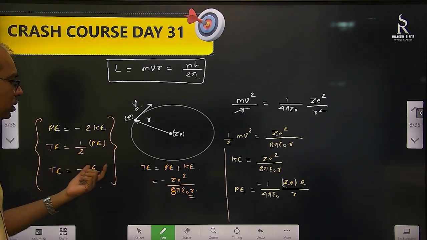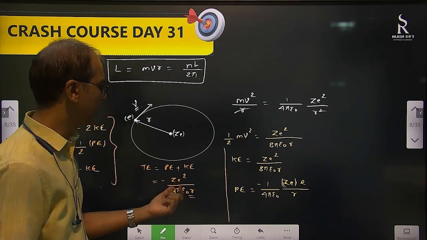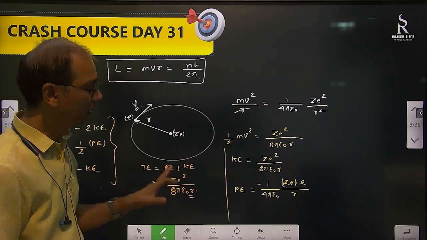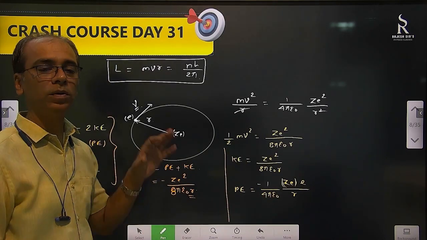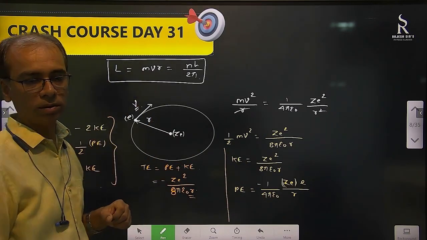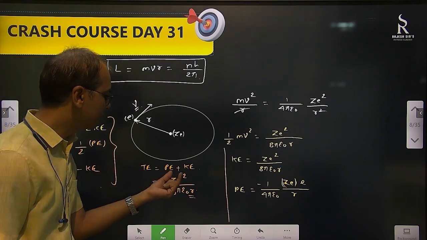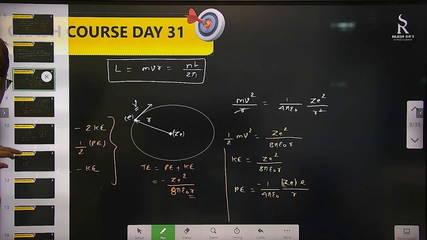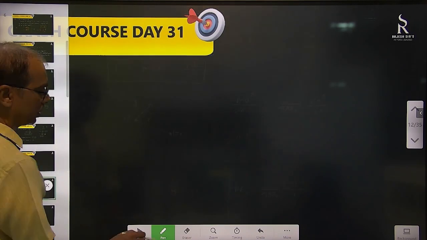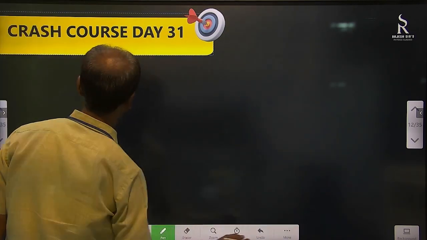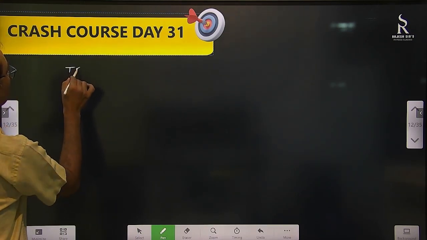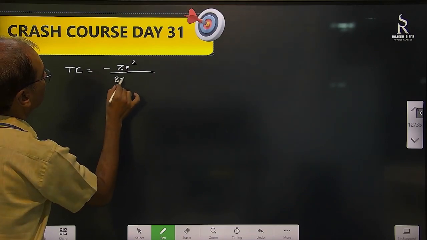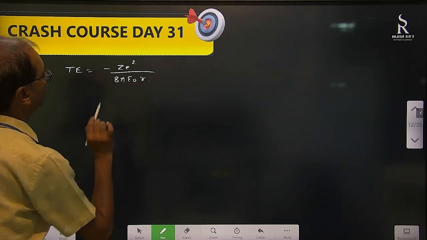Total energy is minus Z e square by 8 pi epsilon naught R. But now we have to keep the value of R in that form so that we can get the final relation. So total energy is minus Z e square by 8 pi epsilon naught R. Now I want to keep R value.